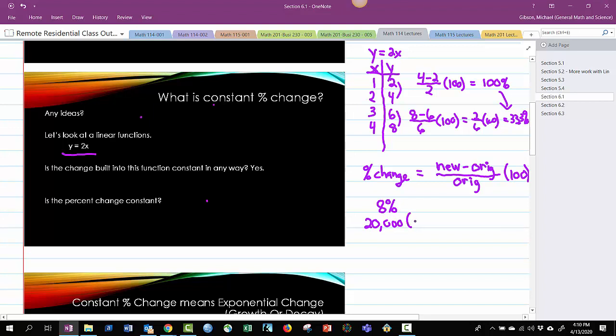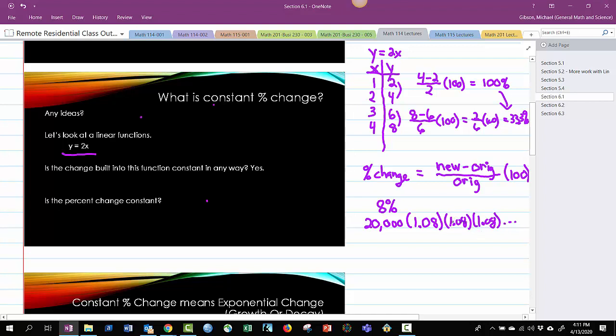Remember, we multiply it by a factor, and for the factor we do 1 plus the 8%, so 1.08. Taking an amount of money, or anything else really, and multiplying it by 1.08 increases it by 8%. Well, what if we wanted to do that constantly, every year? I guess we'd have to multiply by 1.08 every year. Just keep doing it.